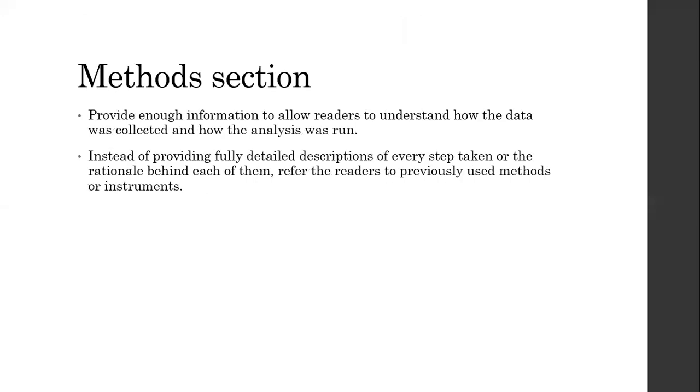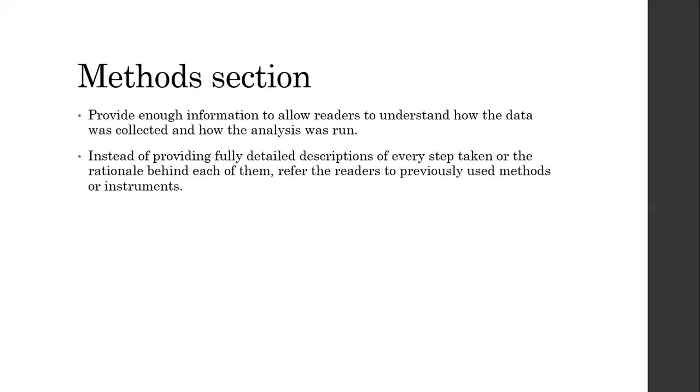Then you will move to the methods section, which should provide enough information to allow readers to understand how the data was collected and how the analysis was run. If you use a new methodology, you have to put your methodology in detail.